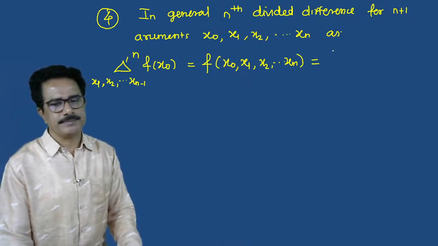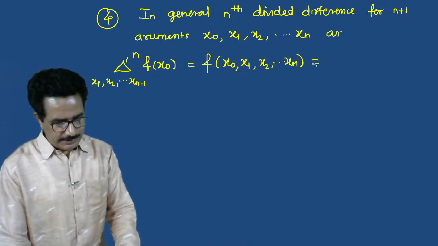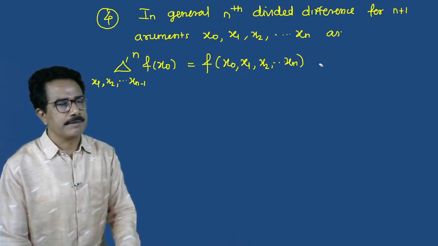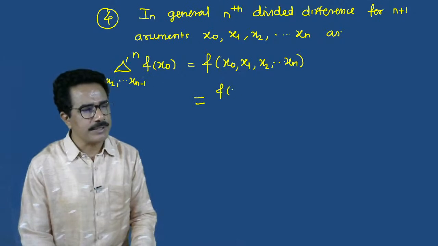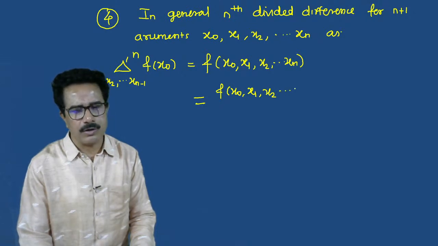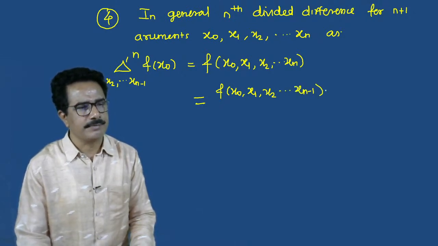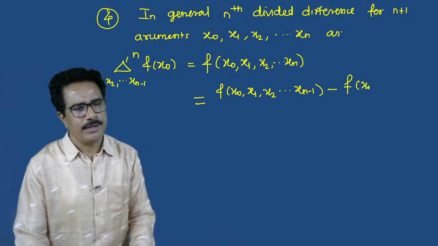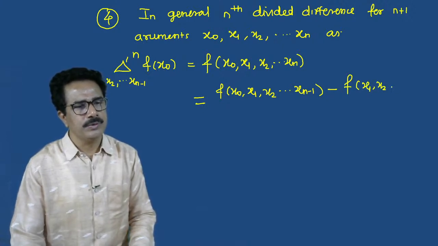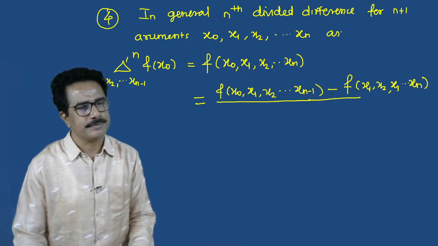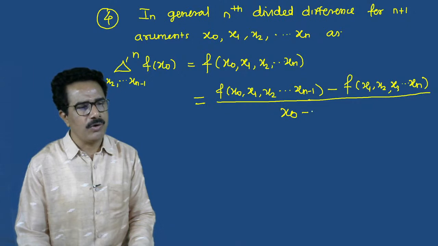which is given by, how we can define this, मी खाली लिहितो, इथं डिफरेंस नहीं व्हायचा, which is defined as, अब इसको इस तरह से डिफाइन करना है, f of x0 x1 x2 dot dot dot xn minus 1 minus f of x1 x2 x3 dot dot dot xn divided by x0 minus xn.